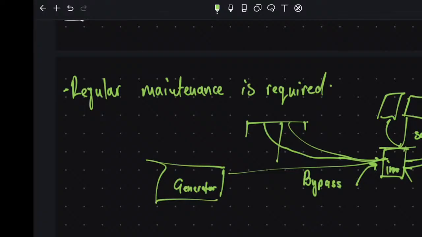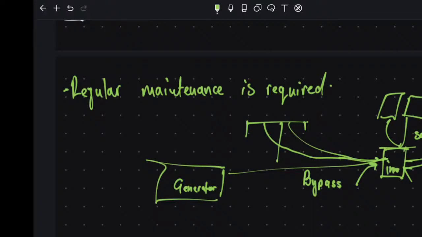It will do it on its own if it is automated. If it's not automated, then somebody has to keep going out and switching. Some panels are like that. You have to manually switch. With automated ones, you don't have to go. But the problem is, the automated ones need maintenance. Anything can happen.